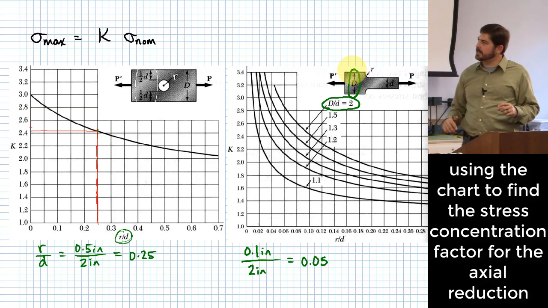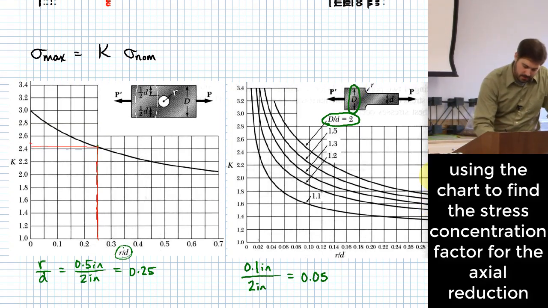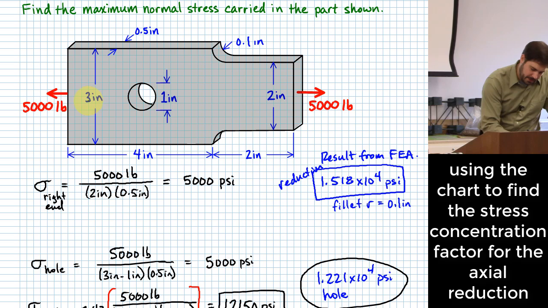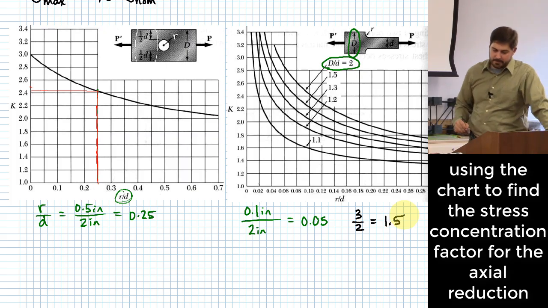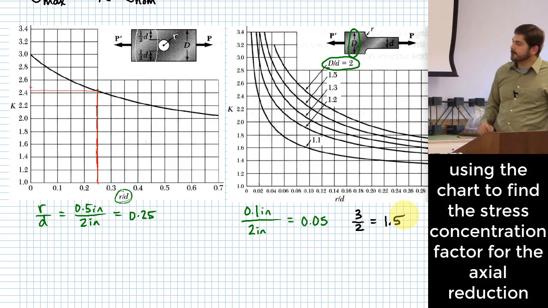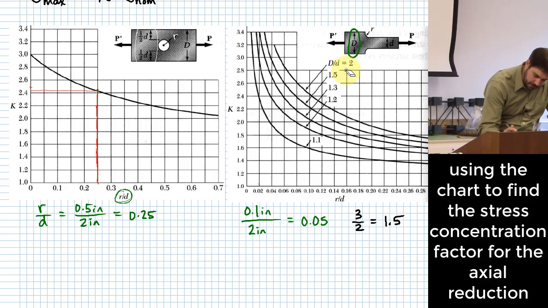So for us, capital D is what? 3 inches. Lowercase d is 2 inches. So 3 over 2 is equal to 1.5, right? So that means we're not on that curve, we're actually on this curve, pointing at that curve right there.